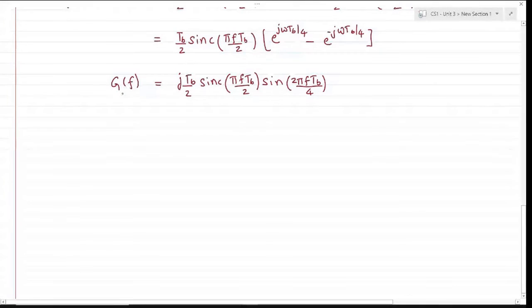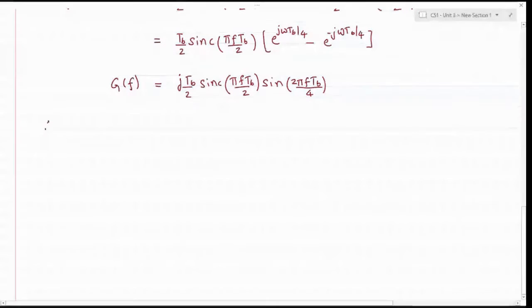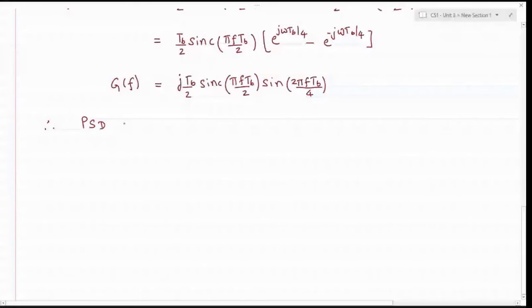Okay, so this is G of f. My job is to find out the power spectral density. So therefore I'll just write this expression and conclude this session.